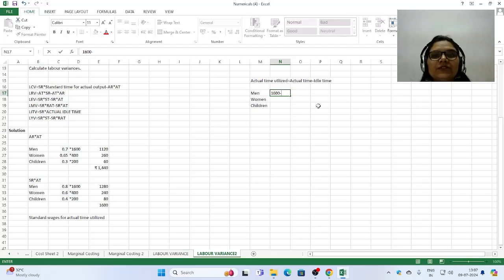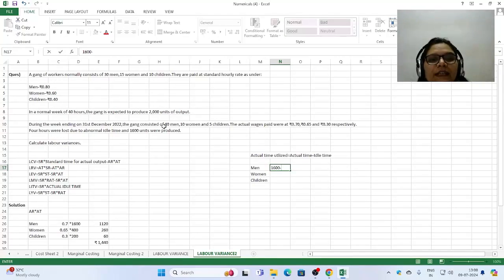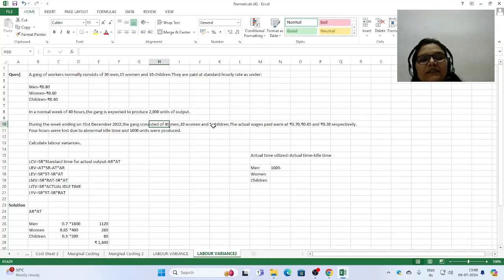In case of men, it will be 4 into 40. That is the number of 40 men. We know in the question, if you can see, that 40 men, 10 women, and 5 children. So idle time for 40 men is 160.